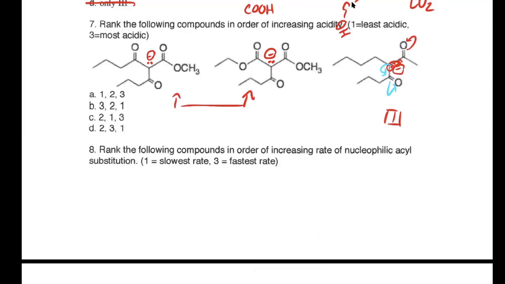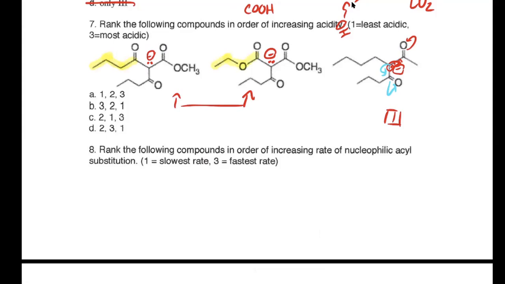So when comparing the other two, we're still comparing the stability of the two. Now, what do we see as the point of difference between the left one and the one in the middle?